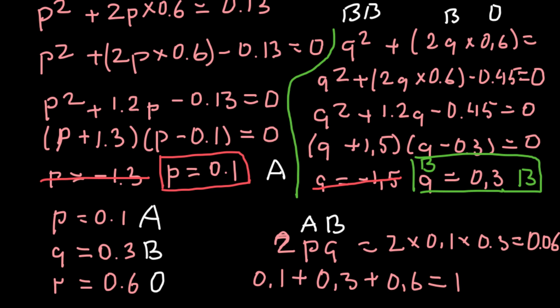And this is exactly what we got here. 0.1 plus 0.3 would be 0.4, plus 0.6, we are going to get 1. So this number represents frequency of the allele A, this number represents frequency of the allele B, and this number represents frequency of the allele O in this population.